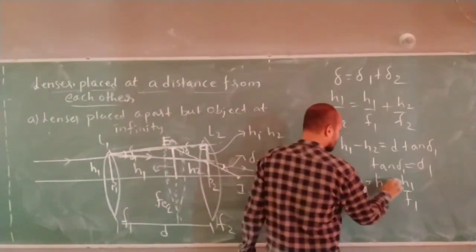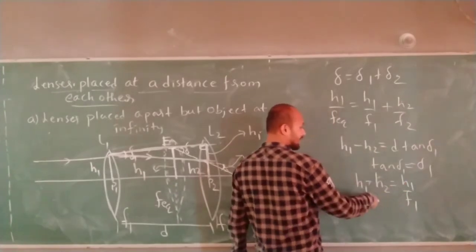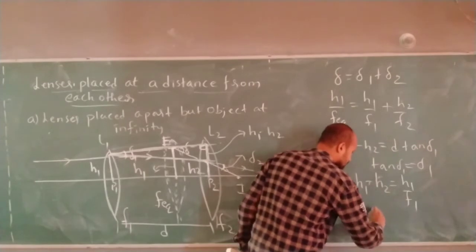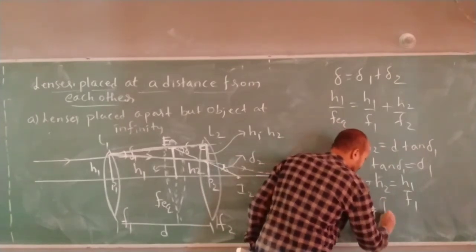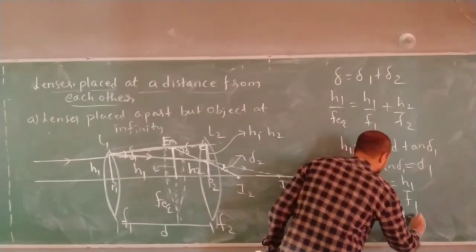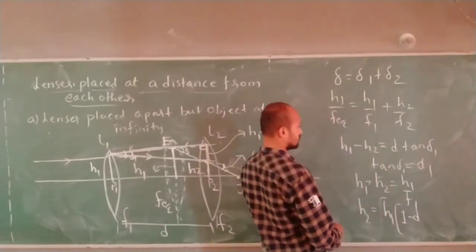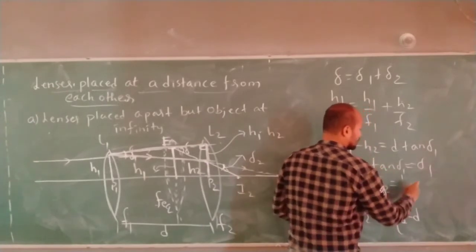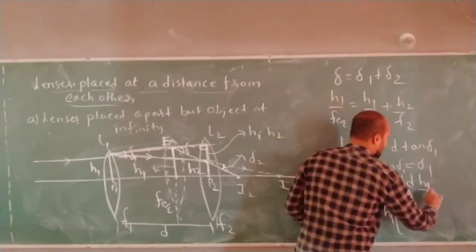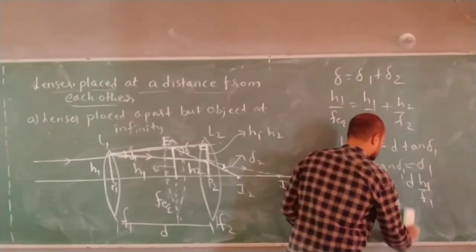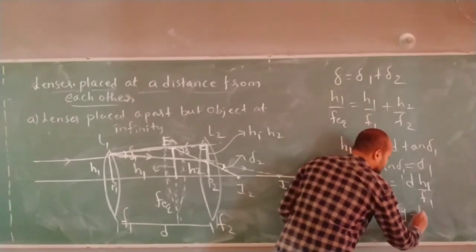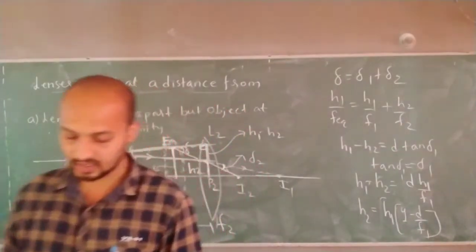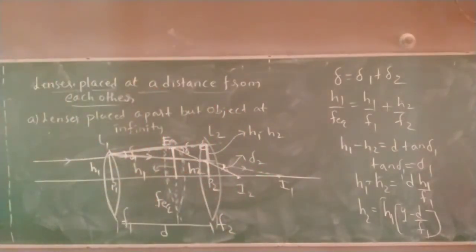Paraxial regions. If I take this side, this will become h2 is equal to h1 into 1 minus D divided by F1. Got it now? D divided by F1.